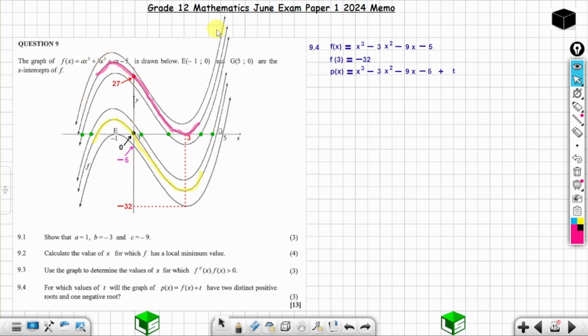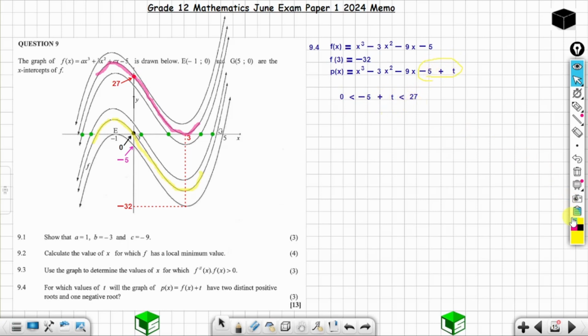If you try to have another graph above this boundary, you are not going to have any positive root. So this is your boundary. So this value is in the interval from 0 to 27. So find t.